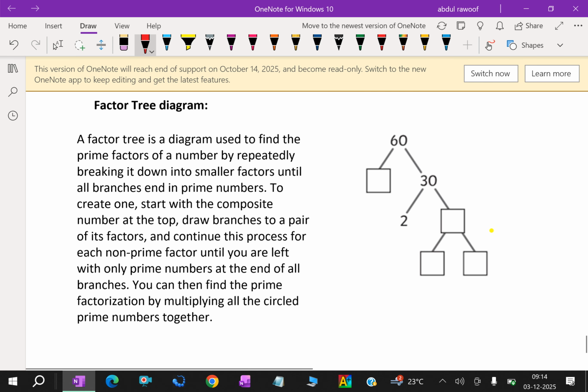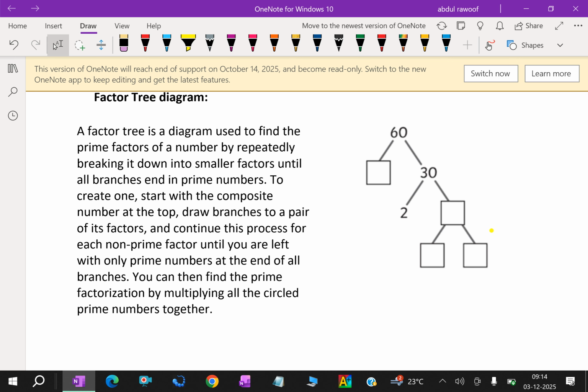Factor tree diagram. A factor tree is a diagram used to find the prime factors of a number by repeatedly breaking it into smaller factors until all branches are prime numbers. To create one, start with the composite number at the top. Suppose 60 is a composite number. You have to factorize with prime factorization.